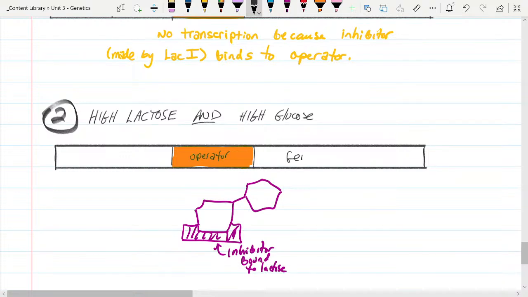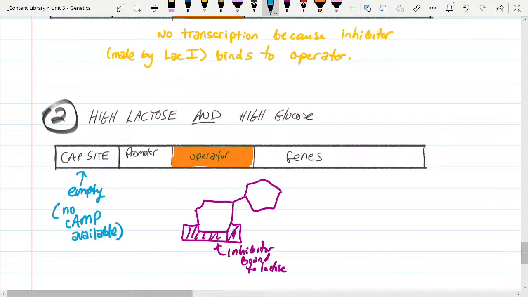Right, these are our genes here that we want transcribed. We have the promoter, but in this case we also have the cap site, and if the cap site is empty, because there's no cyclic AMP available, then RNA polymerase won't bind to the promoter.